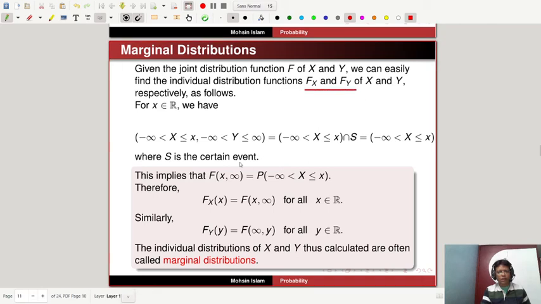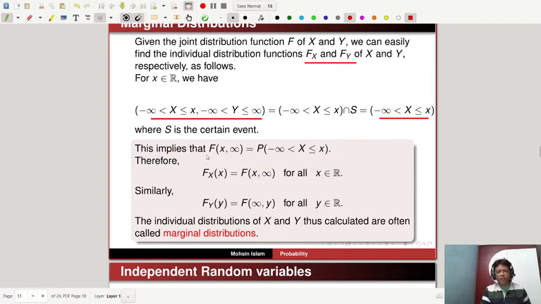So for x belongs to R, we can write this event as minus infinity less than x less than or equal to small x, intersection S. This S is the certain event. This event, minus infinity less than y less than or equal to infinity, is a certain event. So this intersection with this event will give you only this one.